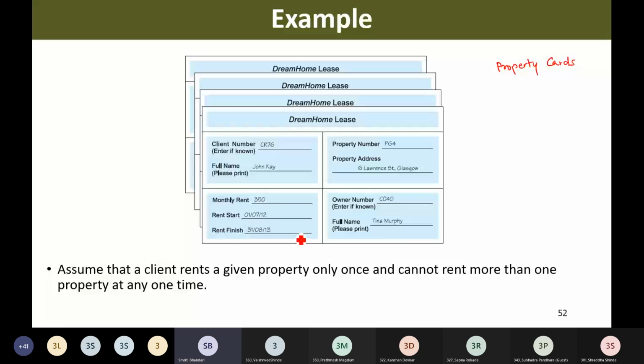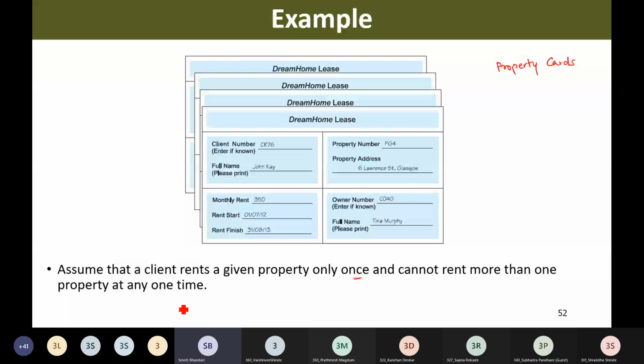Now, if we have this data, the very first step is we should dump all those attributes in a single table and come up with the unnormalized form of the database.